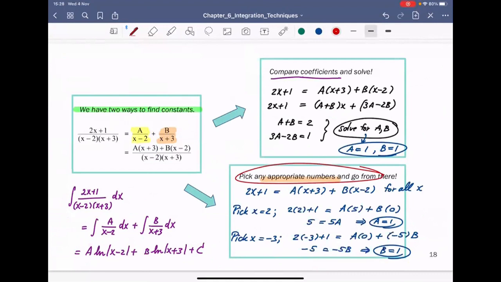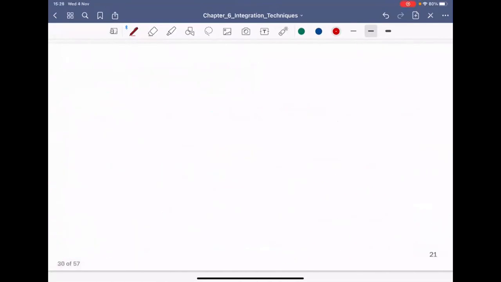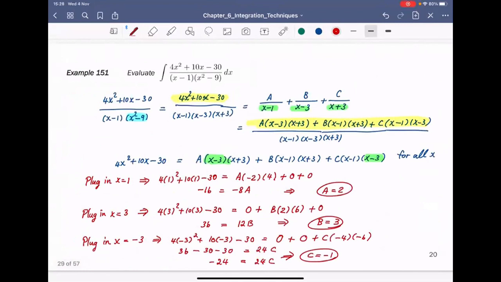But it's up to you. If you want to compare coefficients and solve, that's fine. But keep in mind that once you do more and more decomposition, comparing coefficients is going to be the hard one because you're going to have more equations and then you have to solve them simultaneously, right?